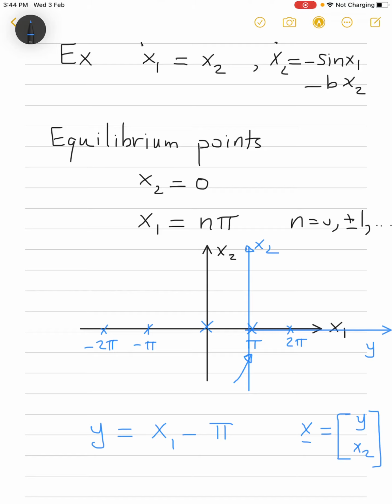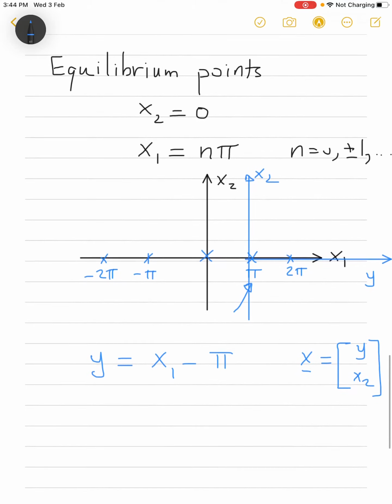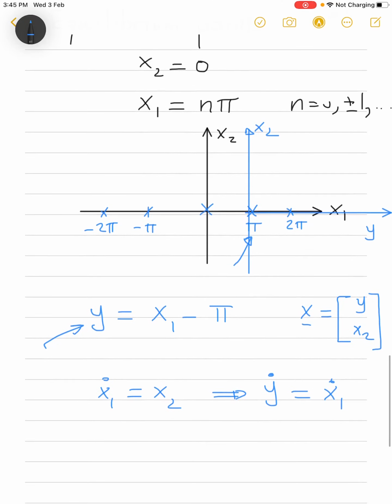Consequently, we can rewrite the differential equations of the system. For example, I have x1 dot equals x2, but from the definition here we can conclude that y dot is equal to x1 dot. So I'll end up with the equation y dot equals x2. This will be my first state variable equation.